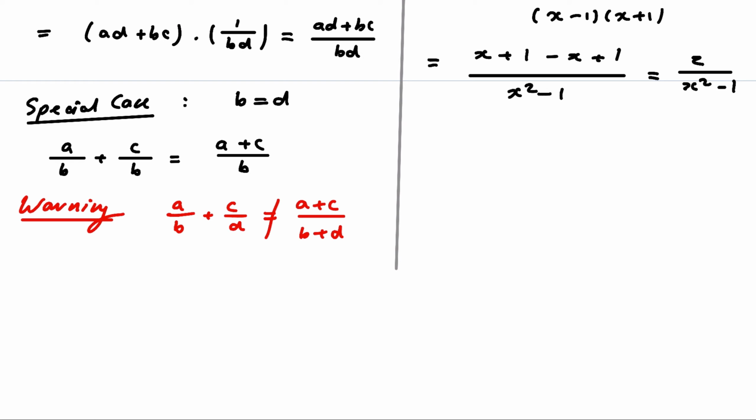Let's do an example. 1 is equal to a half plus a half, isn't it? Okay, of course. But if I was to use this rule, 1 plus 1 over 2 plus 2, what's that equal to? 2 divided by 4, that's equal to a half. They're definitely not equal to each other. So again, if you're using a piece of algebra and you're a little bit unsure, just feed in some numbers and see if it works. If it doesn't, it's not true.